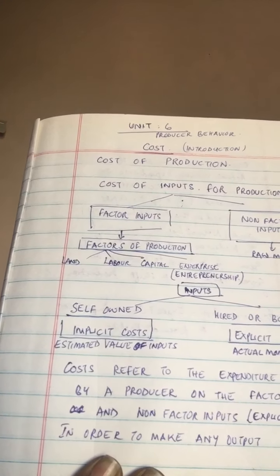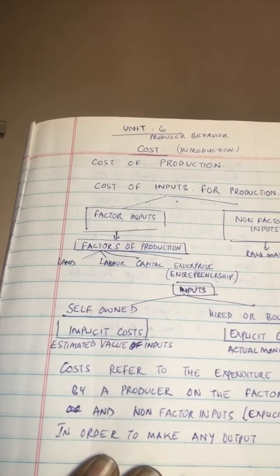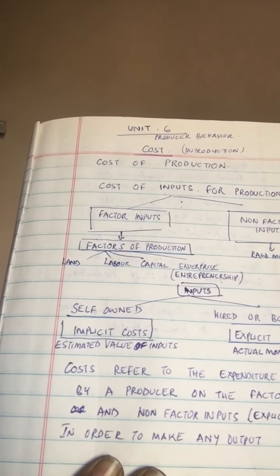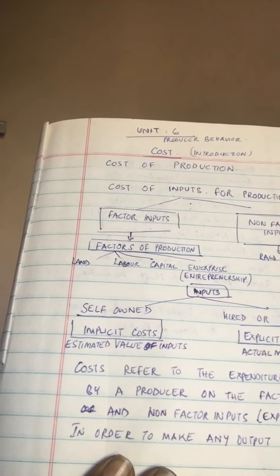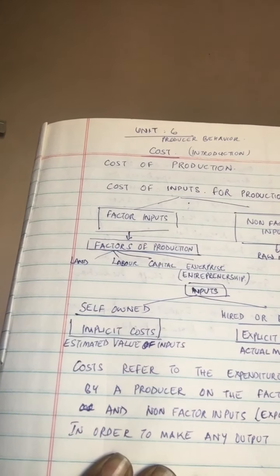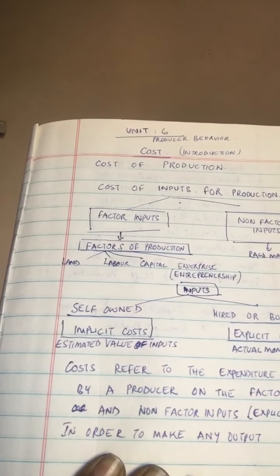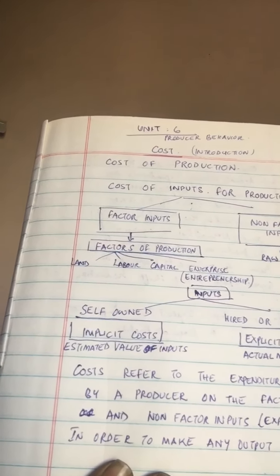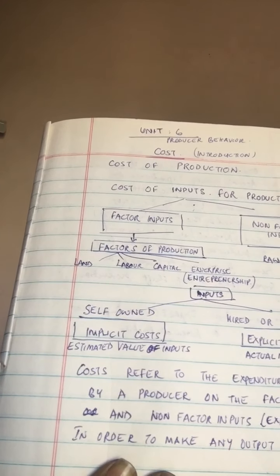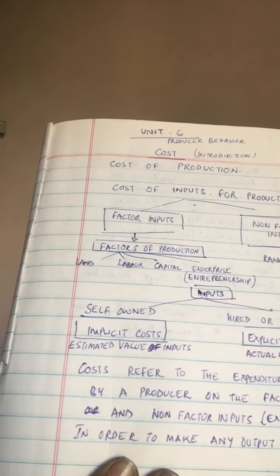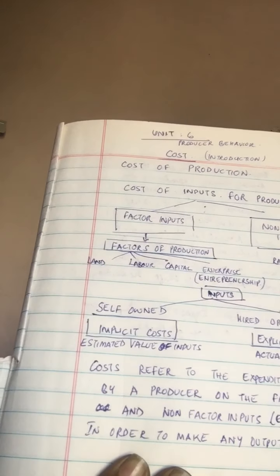So what are explicit costs? Let's talk about explicit and implicit cost. Sometimes not all inputs are purchased from the market. A producer may use some self-owned inputs. For example, instead of getting a manager, he himself becomes his own manager, or he becomes his own labor. He uses his own land or his own premises.